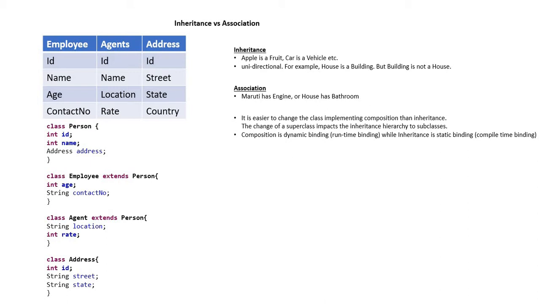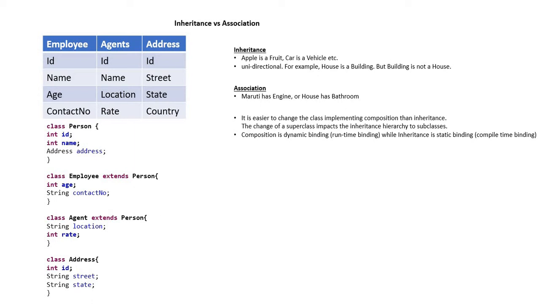And as a person they should have common properties like ID, and they have a name. So what I'm going to do is create a person object and put all those common properties inside a person. And I'm going to say my employee is a person, my agent is a person. Okay, so that's where I'm going to establish the inheritance relationship.